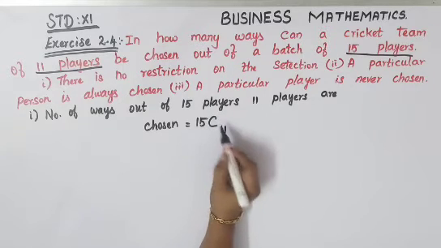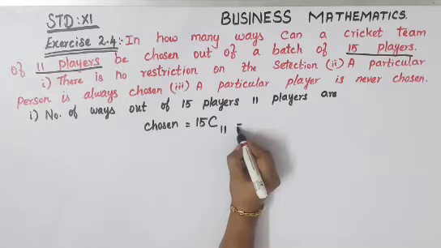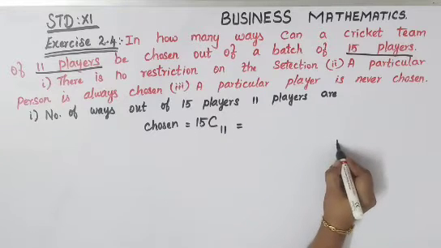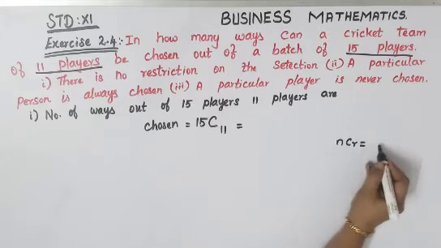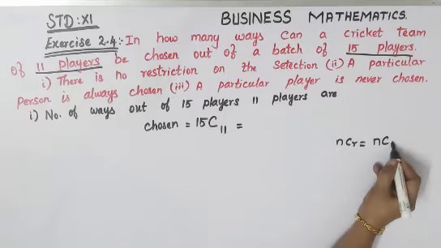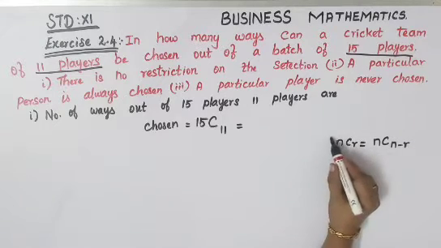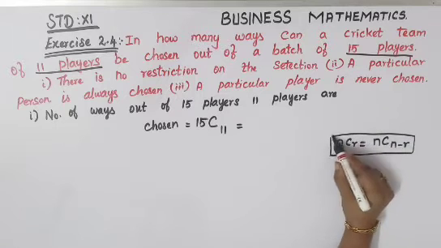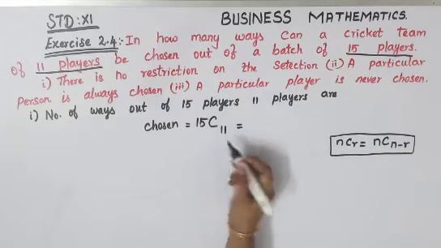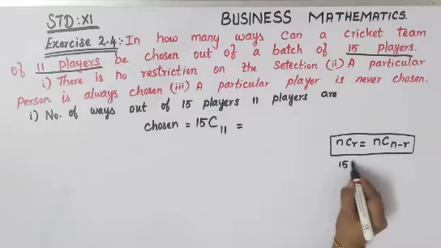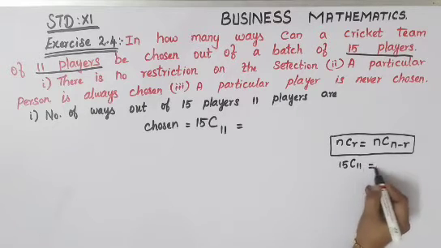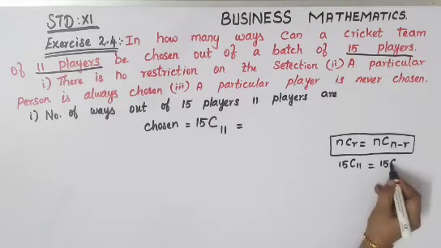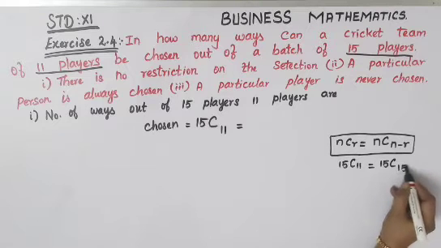So 15C11. You'll have one formula, nCr is equal to nC(n minus r). This formula can be used whenever you have a big number. So here 15C11 is there. So 15C11 is equal to 15C(15 minus 11).